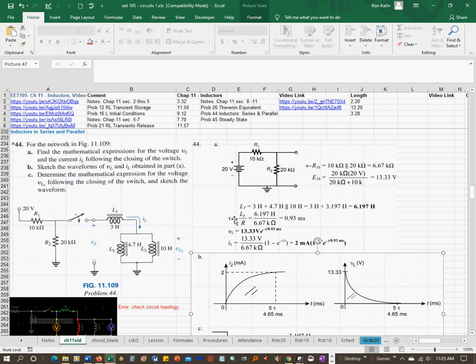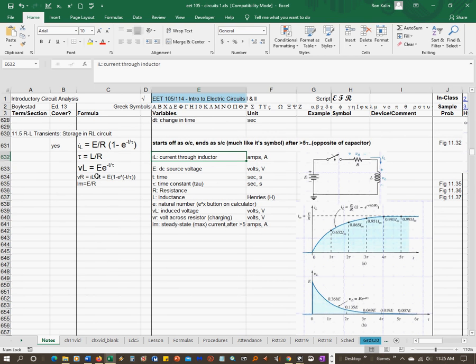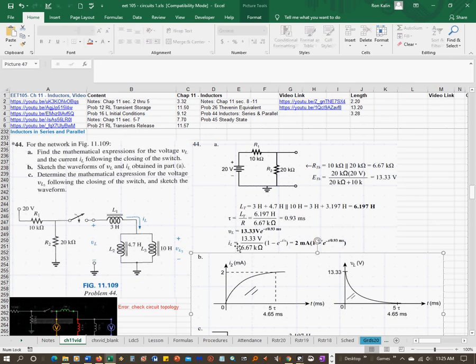And then tau equals your total inductance divided by your Thevenin equivalent resistance, which ends up being 0.93 milliseconds. So then you plug that into the charging equation for V sub L, this storage equation, and you get 13.33 times e to the minus t divided by 0.93 milliseconds.